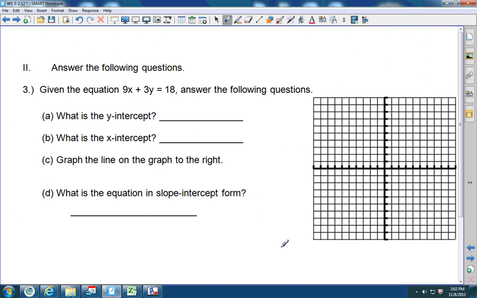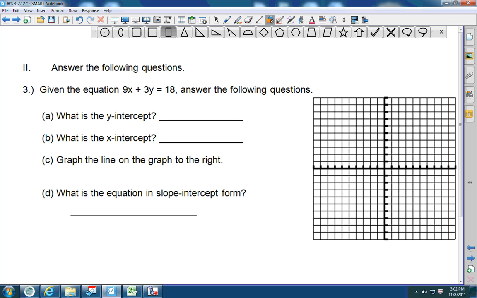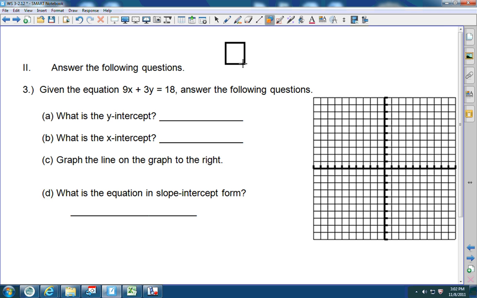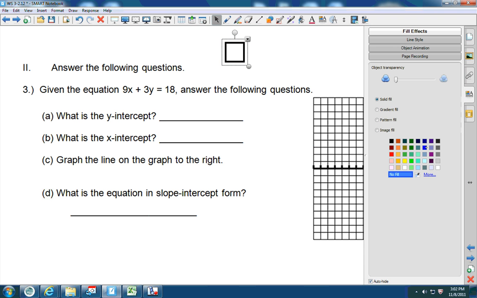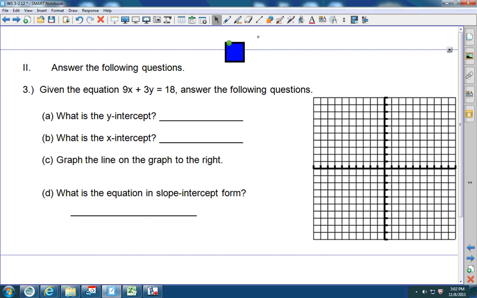Next one's, well, let's see. It says given an equation, what's the y-intercept and the x-intercept, and graph the line. Okay.